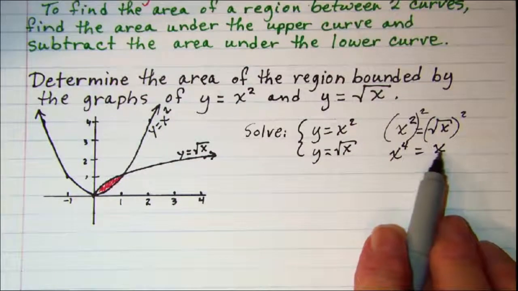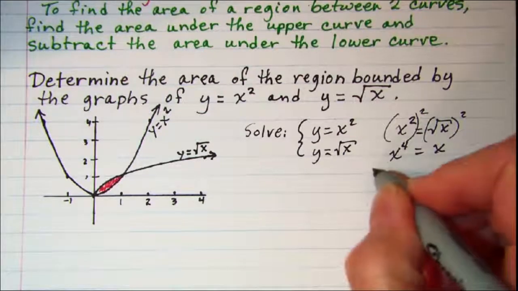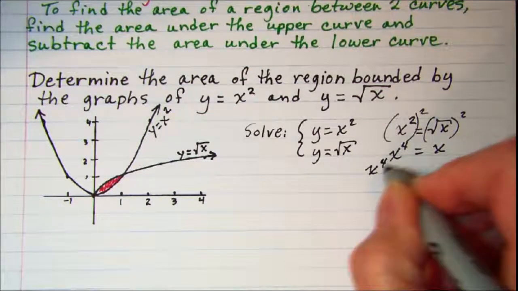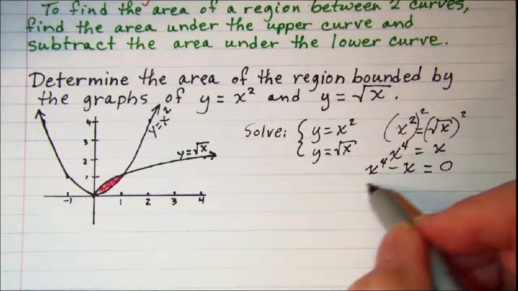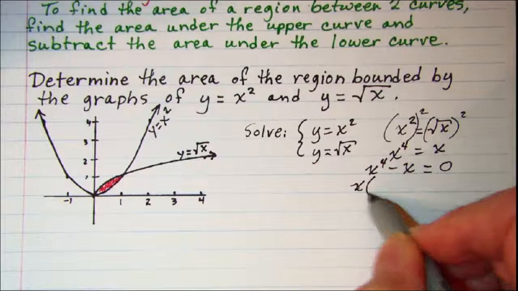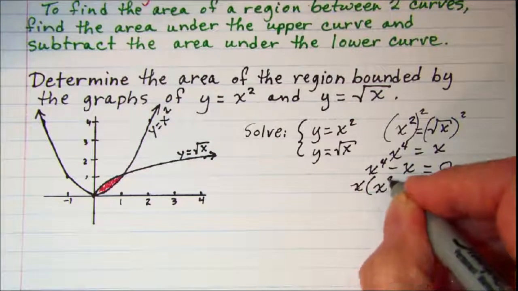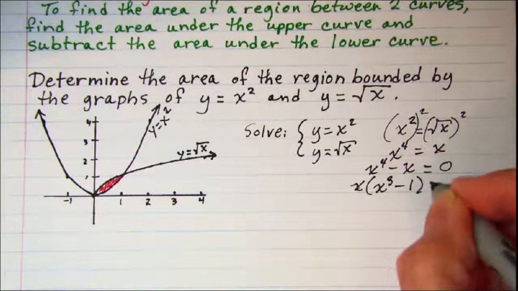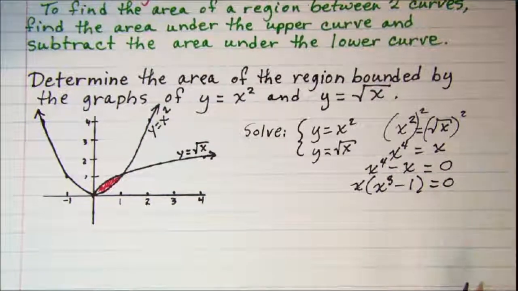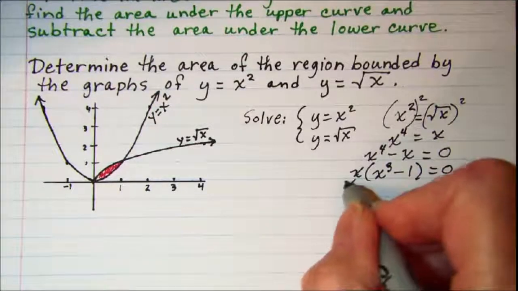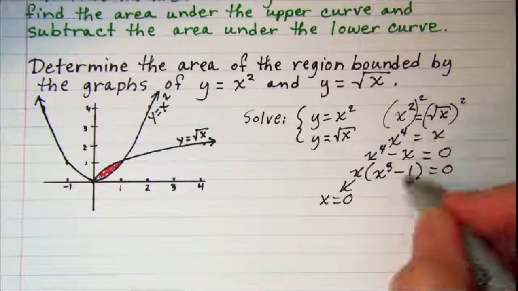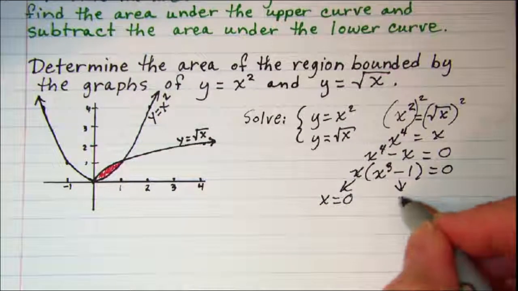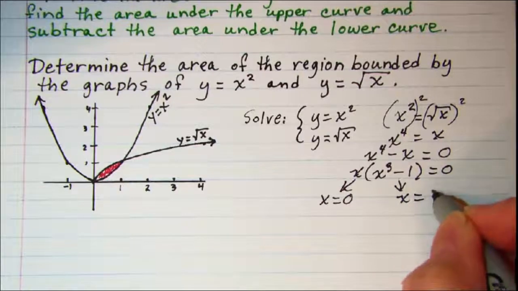Let's move this x to the left side and then factor. So we have x to the fourth minus x is equal to 0. And then we can factor out an x and get x times (x cubed minus 1) is equal to 0. So this factor gives me x is equal to 0, and this factor gives x is equal to 1.